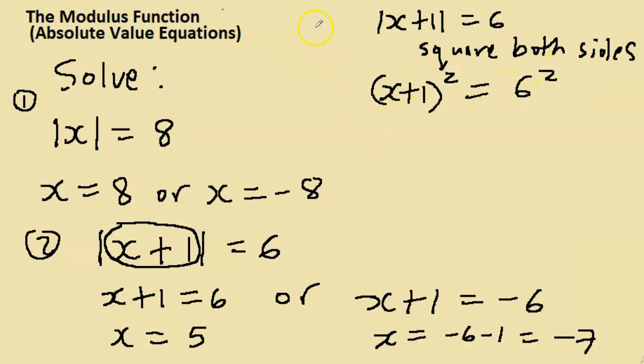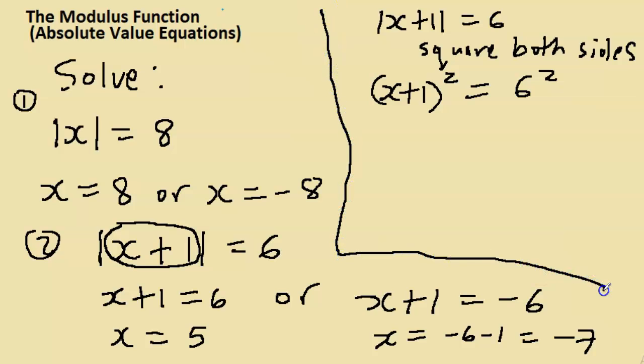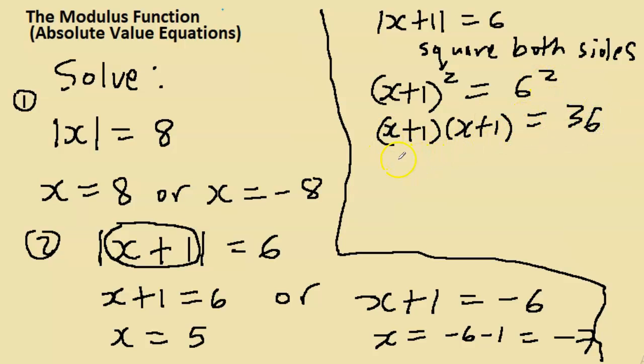X plus 1 squared means to multiply x plus 1 times itself, so it's x plus 1 times x plus 1. And 6 times 6 is 36. So expanding this, I get x squared plus 2x, and 1 times 1 gives me 1, equal to 36.